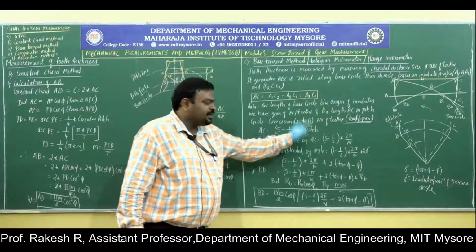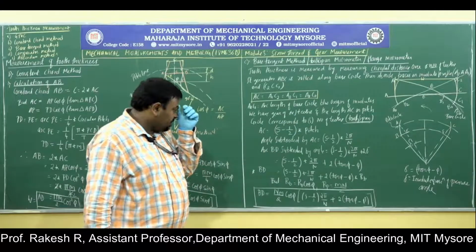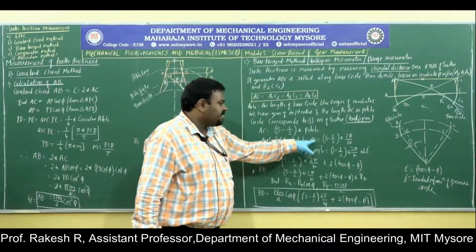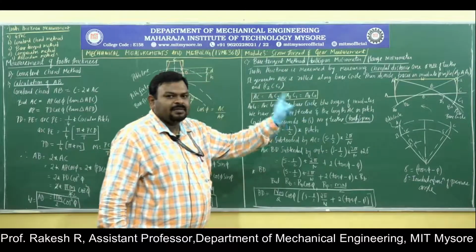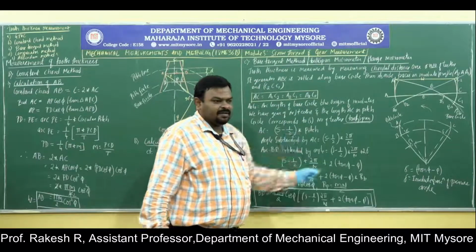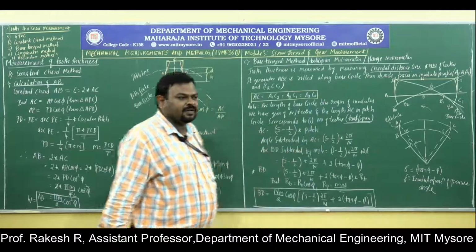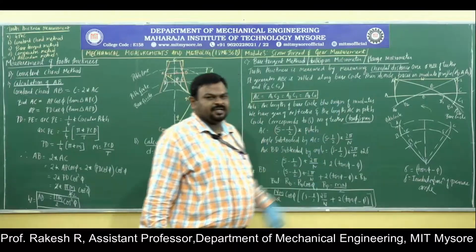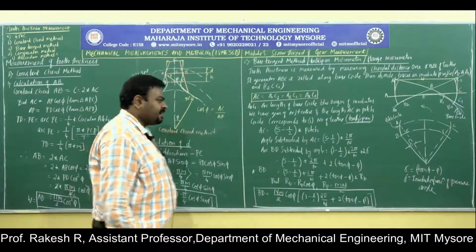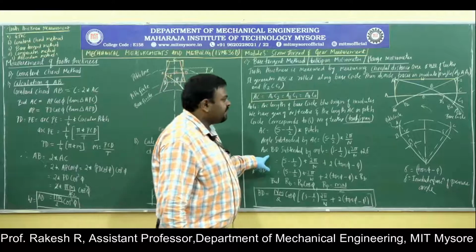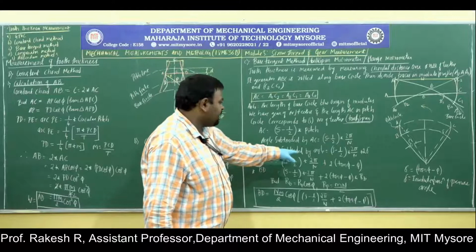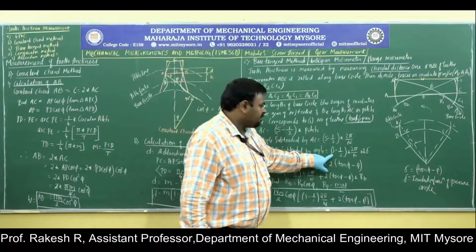S minus 1 by 2 into pitch. What is pitch? Pitch you have to calculate there. And then the angle subtended by AC. This is for one tooth, and the remaining 2 pi by n is for all the teeth. Multiply by 2 pi, that is for one revolution, 360 degrees. One rotation, one indexing. Then arc BD is again subtended, and you will be calculating the angle, again the same thing.